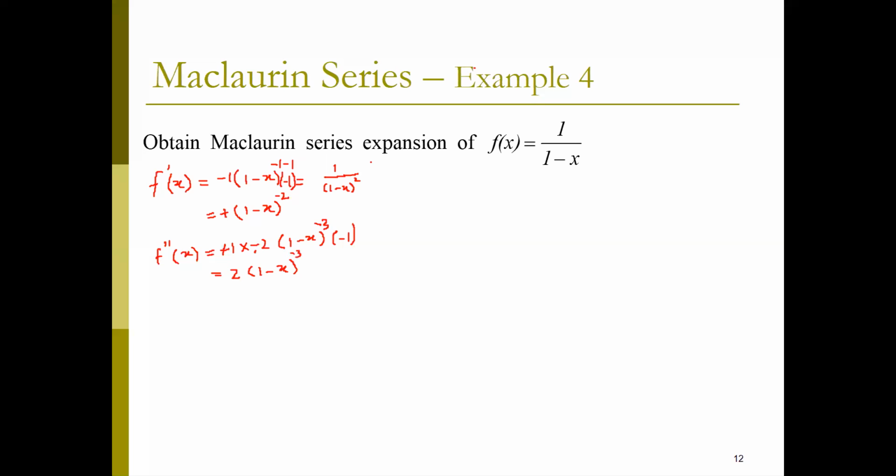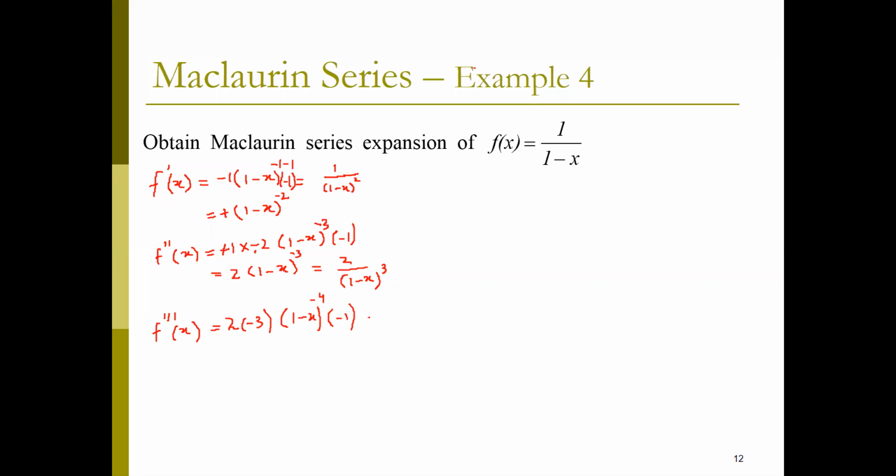This can be written as 2 upon 1 minus x whole cube. Now the third derivative will be 2 times minus 3 and 1 minus x raised to the power minus 4, and one more minus sign we have here, because the internal derivative of 1 minus x is minus 1.